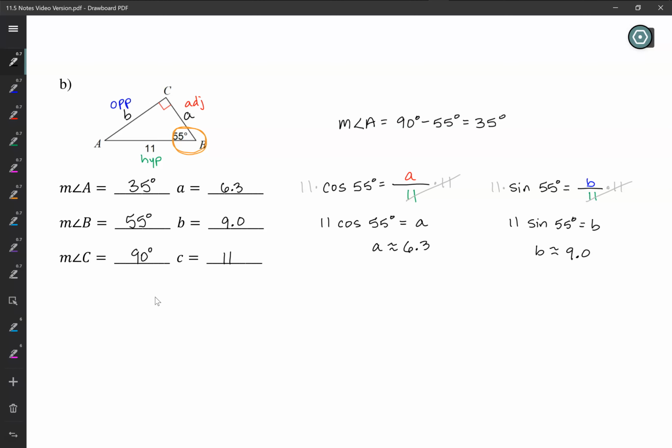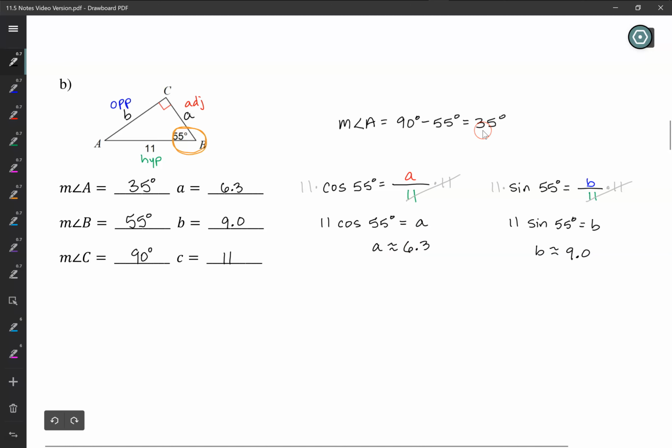Now, there are other choices I could have made. Once I got the first side here, I could have used the Pythagorean theorem with the 11 and the 6.3. If you did that, you may have gotten a slight rounding error because the 6.3 was rounded, but you could have done that.